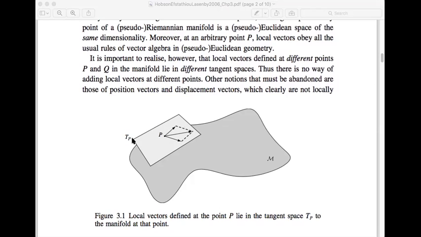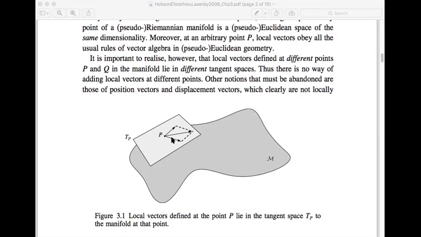And because it's two-dimensional, the tangent space is a plane, a flat two-dimensional manifold that touches this manifold at this single point here, P. And in this space TP, or plane TP, well, it looks like the Euclidean plane.